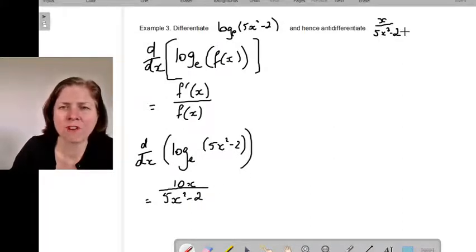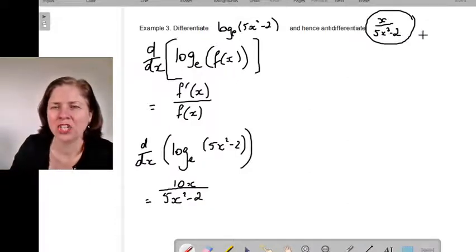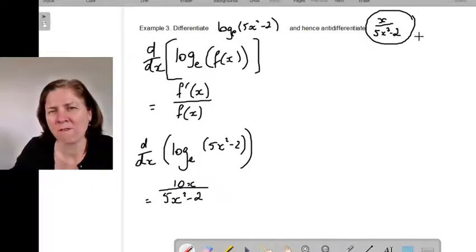Now, let's look at the function that we're asked to antidifferentiate, and you'll see that now this looks much more familiar. One of the reasons this is called integration by recognition is that you learn to recognize when the function you've got is a standard differentiation.